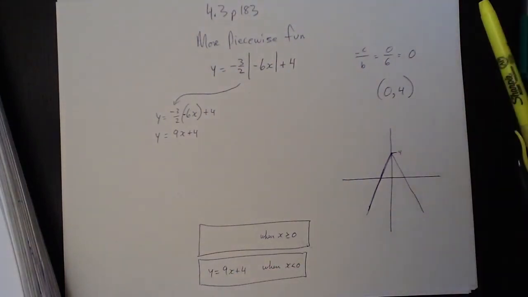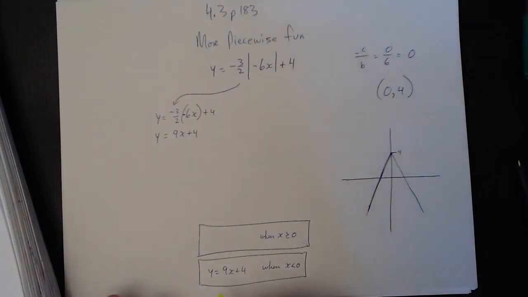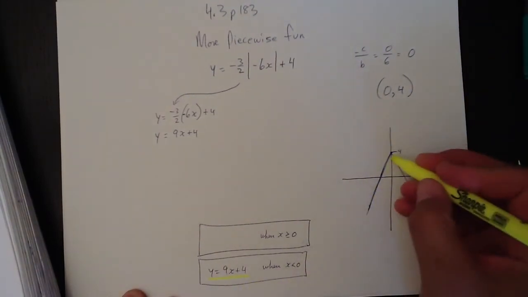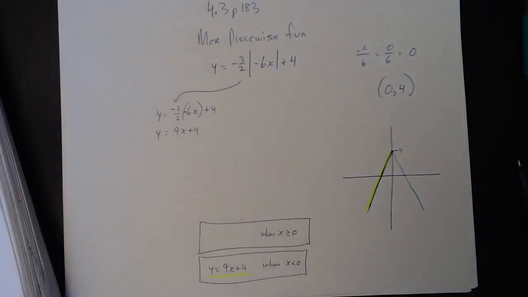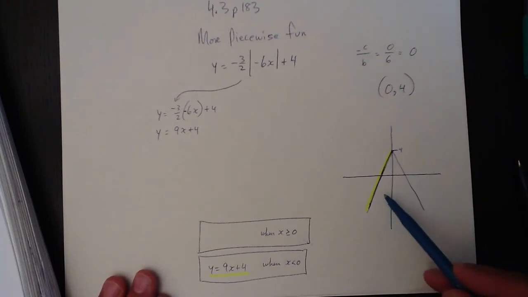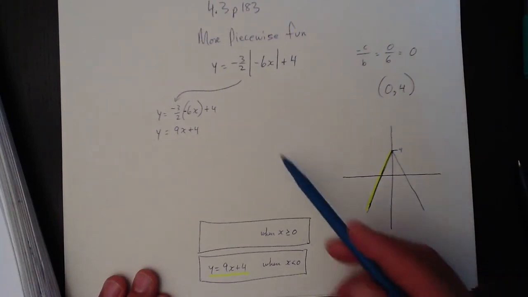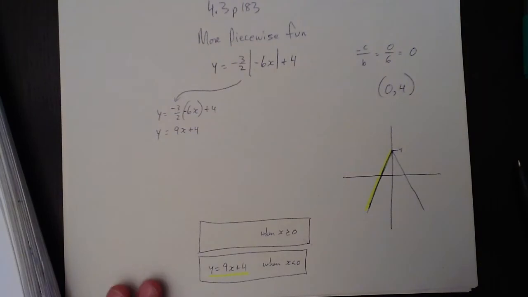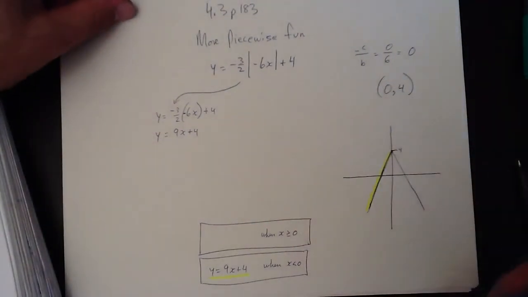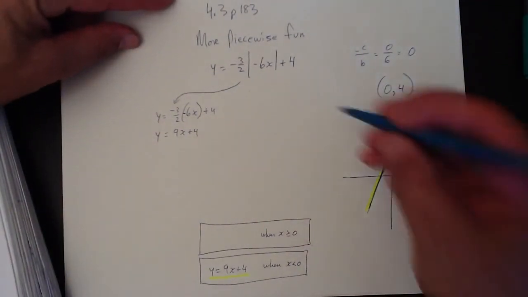So this one, let's color code this as well. This one is this part of the line. It is the positive slope that gives it away. You'll always be able to recognize the slope if it's a linear function.